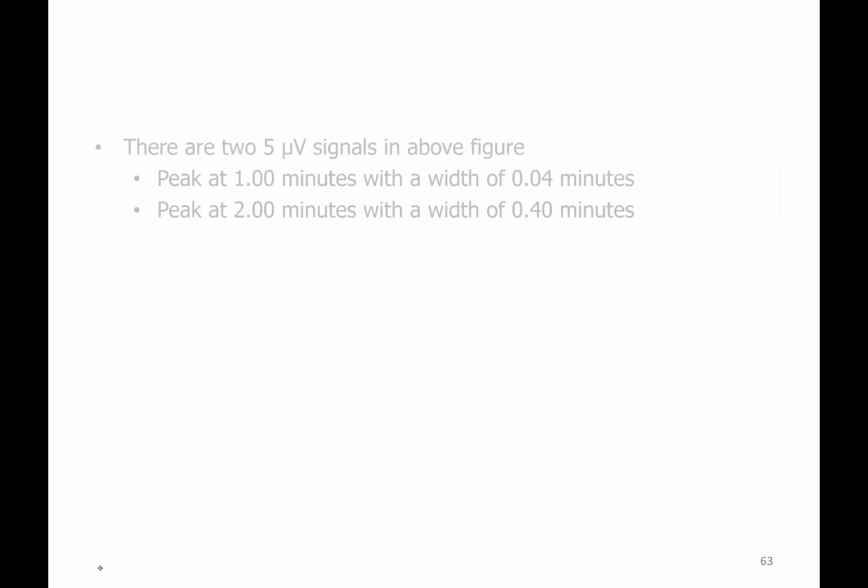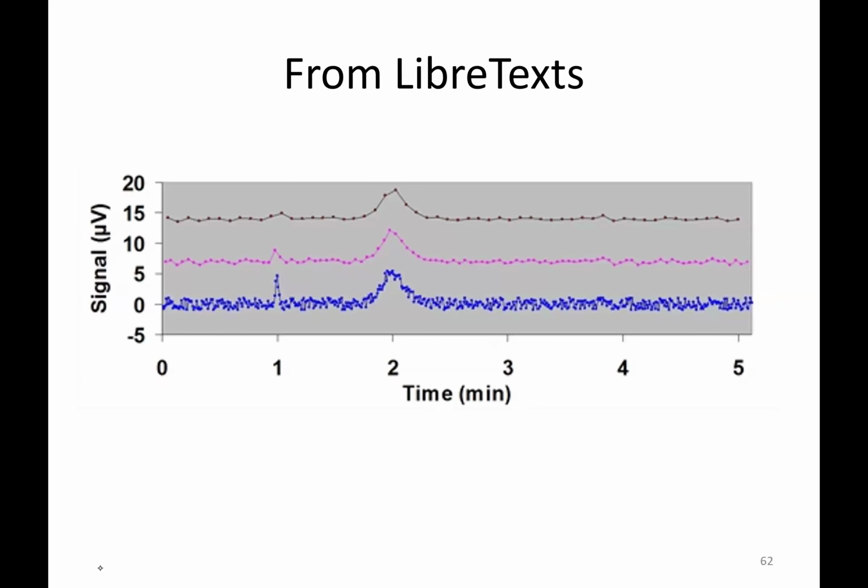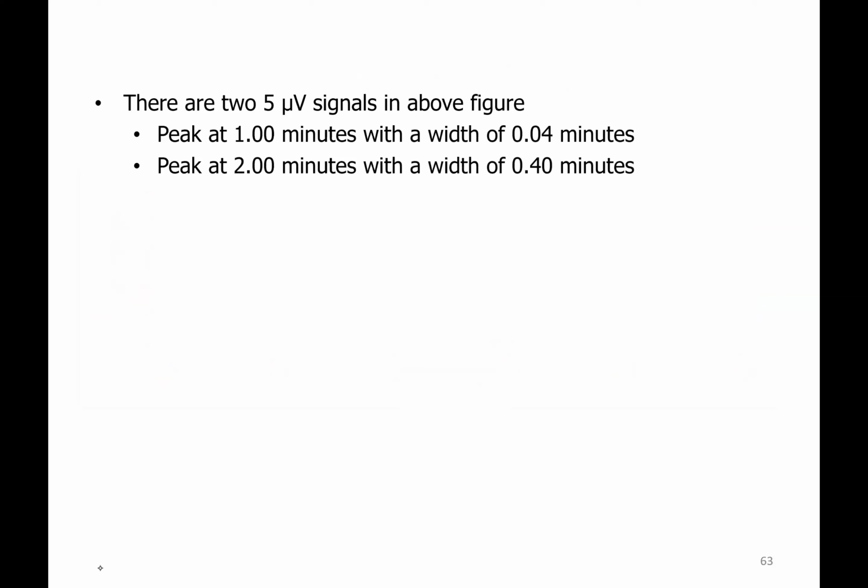You go to the next slide, that 2 5 microvolt signals, the peak at 1 minute, see this peak here, at 1 minute. So if you want to measure here, it tells you what that height is. So that means that peak at 1 minute has a width at the bottom of 0.04.